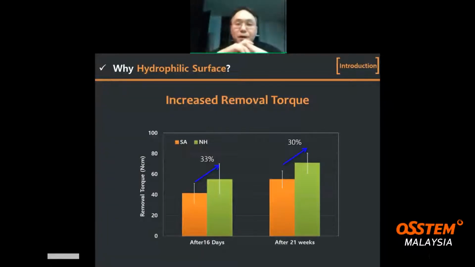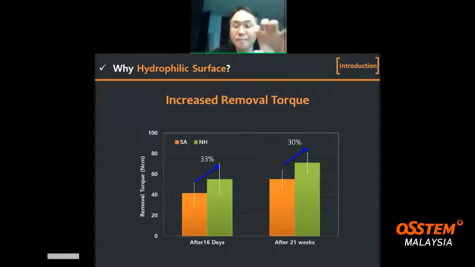And also to evaluate the quality of osseointegration, bone implant contact ratio and removal torque are frequently used. BIC, bone implant contact ratio, is the ratio between the entire implant surface and the implant surface with bone contact.